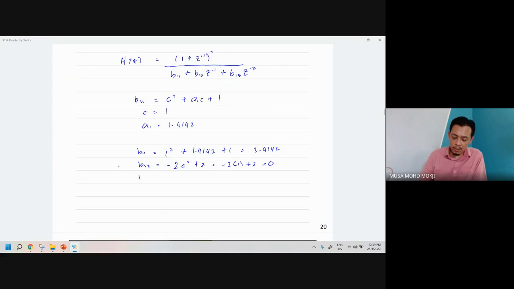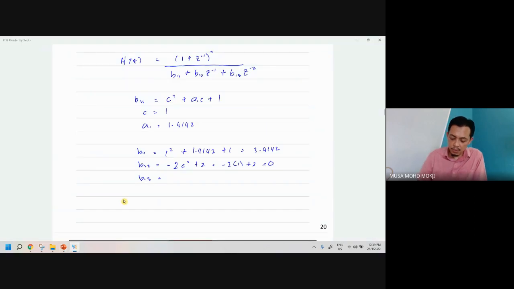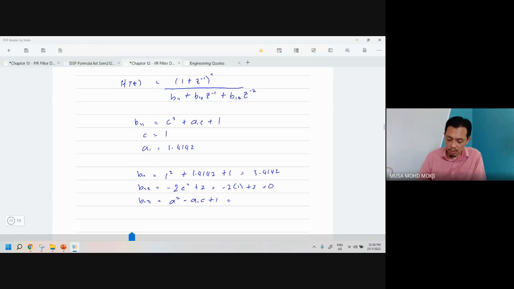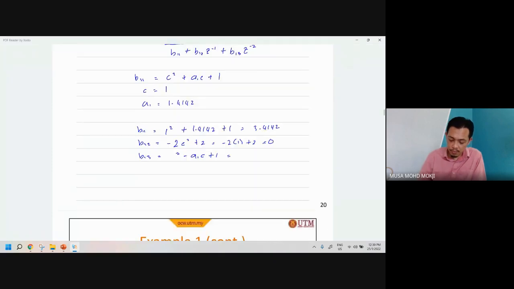And the last one, which is B13. Look back at this equation. It is C squared minus A1C plus 1. Sorry, this is not A, this is C. C squared, so 1 minus 1.4142 plus 1.